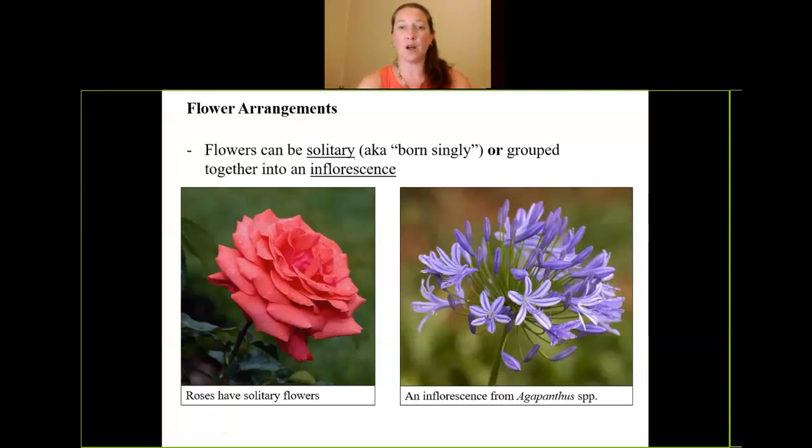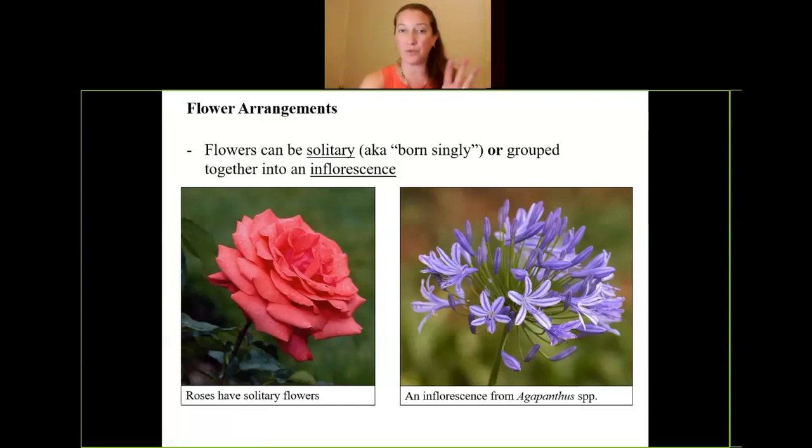For one stalk, you have many flowers, versus a solitary flower with just one flower per stalk. So inflorescence means you have multiple flowers per stalk.